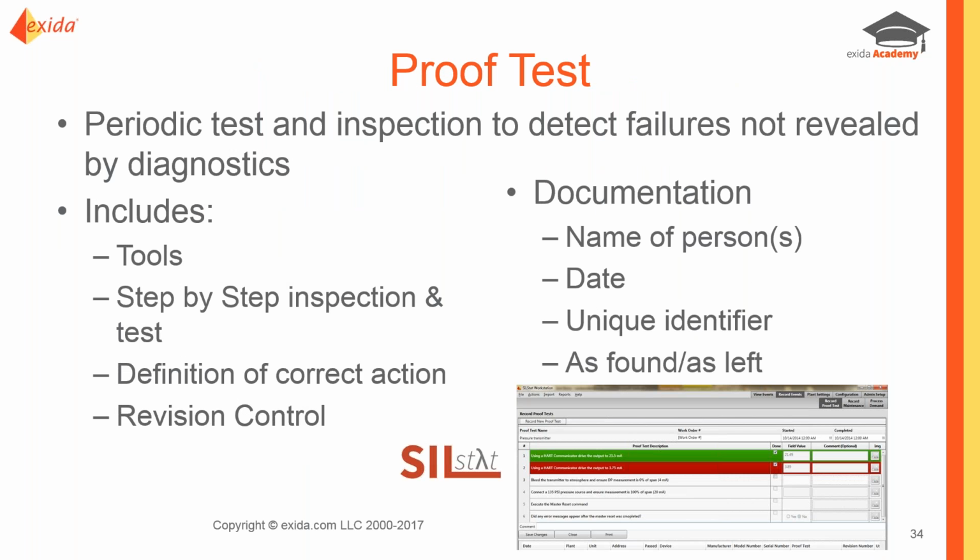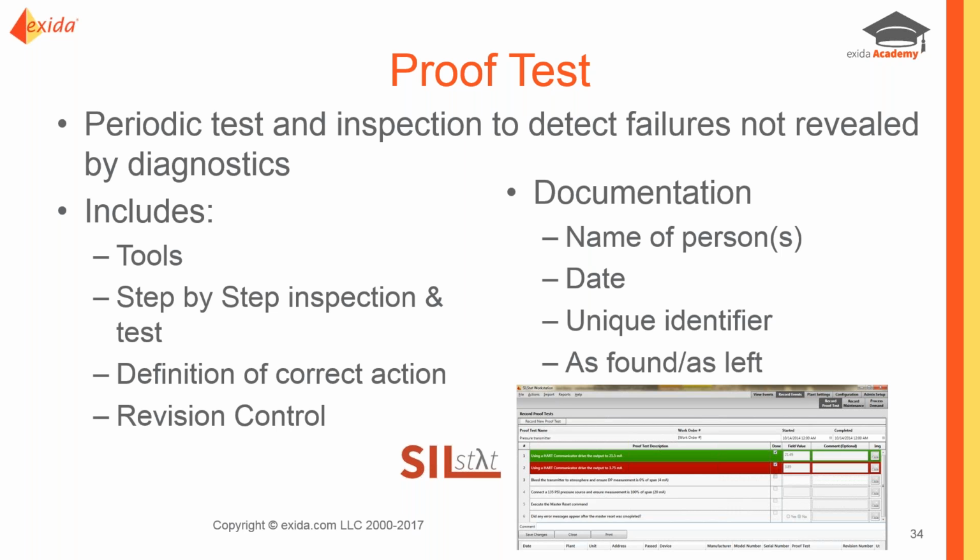As we're going through and doing this periodic inspection and testing, then we are really looking for failures that are not revealed by the diagnostics. So there has to be our robust plan, what it includes in terms of the step-by-step test. But then we also want to go out and do the inspection, document what's found against that step-by-step test, who did it, when they did it, unique identifiers and tags for the field devices so we're sure we're doing it on the right device.